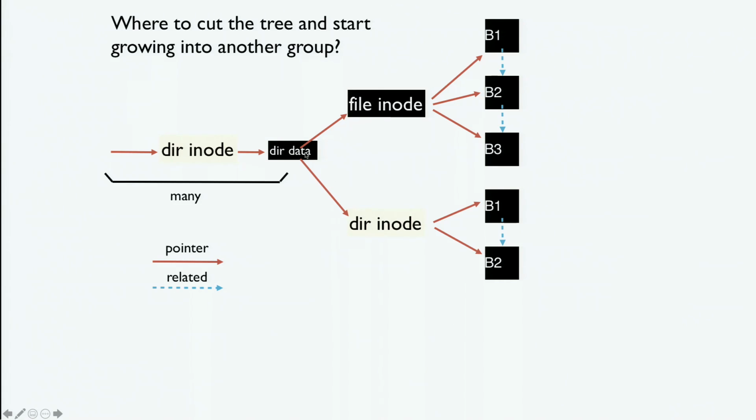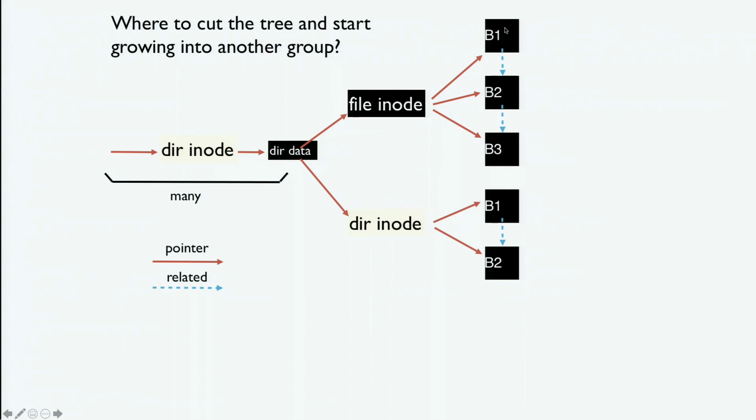So any ideas on where we should cut this tree here? So we don't have a whole lot of choices. Yeah? The file inode stuff doesn't need to be right by the directory inode stuff below it. That's a good way of thinking about it.